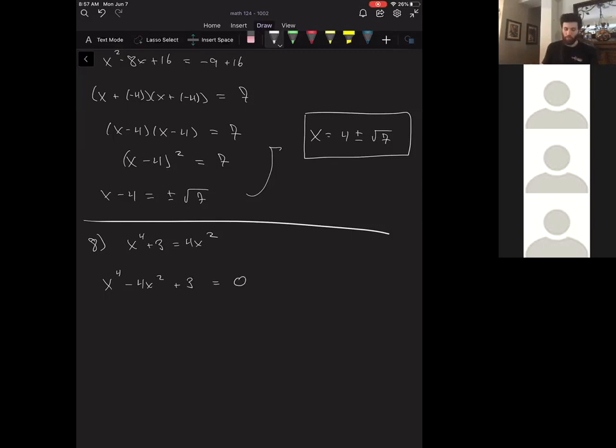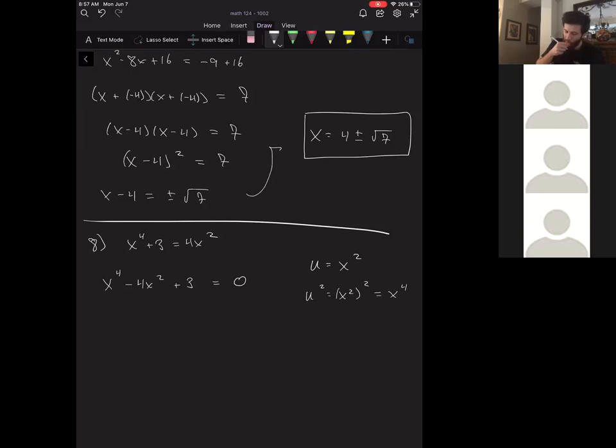So how we do these problems is, notice that we have an x to the 4th and we have an x squared. Just to make this look a little bit nicer, let's make this new variable u, and we'll call u to be x squared. If we square both sides, this tells us that u squared is x squared squared, which is x to the 4th.